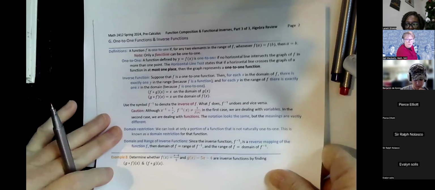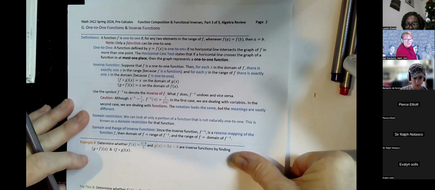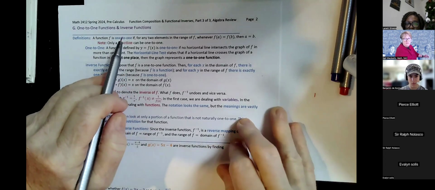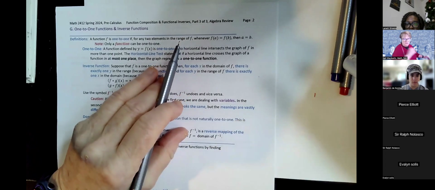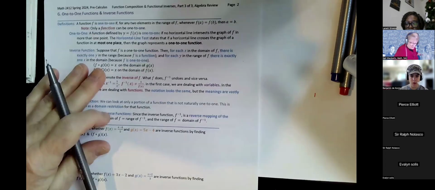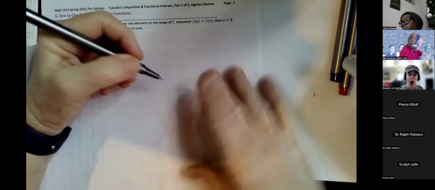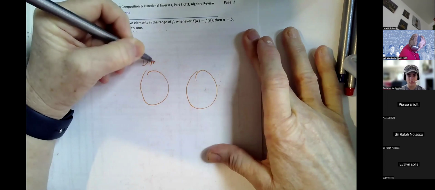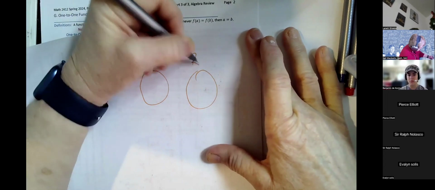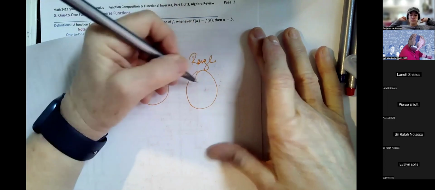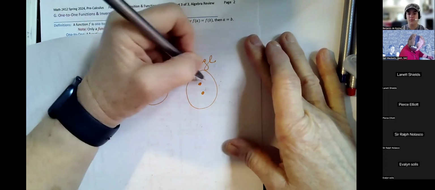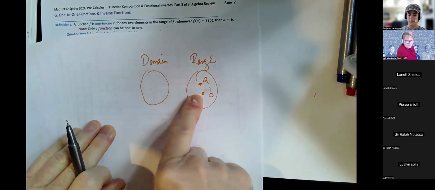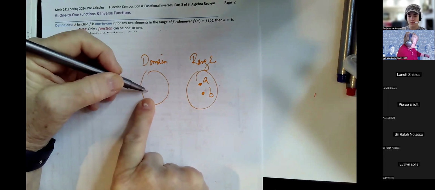So let's look at one-to-one functions and inverse functions. A function is one-to-one if any 2 elements in the range, let's just do a little photo, if we have domain and range, and we've got, let's call them A and B over here. If A and B are different in the range, they needed to be different in the domain.